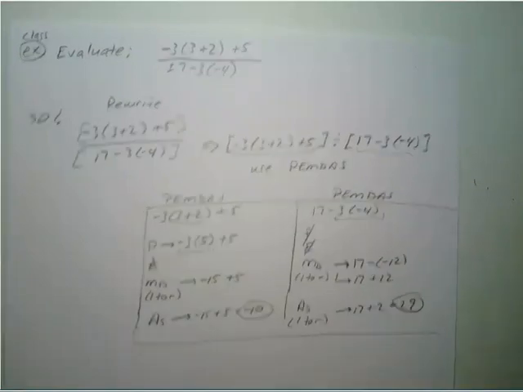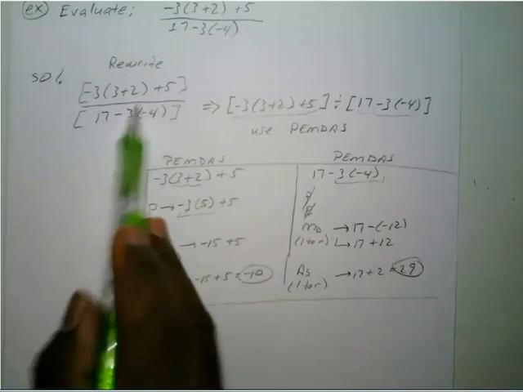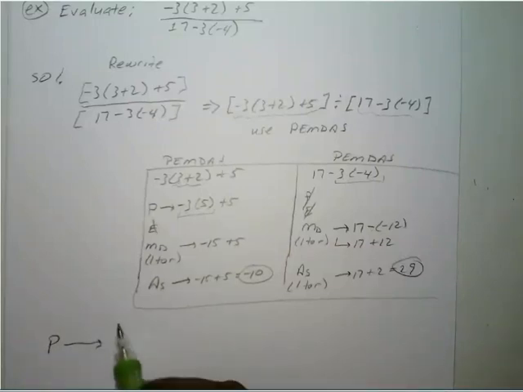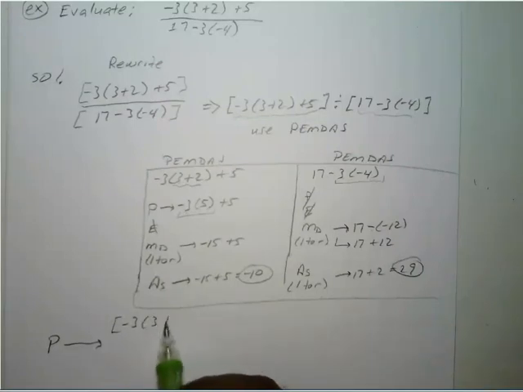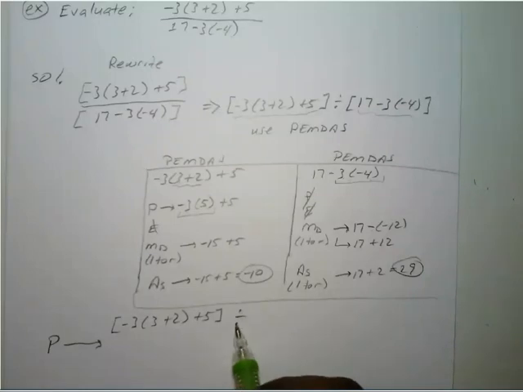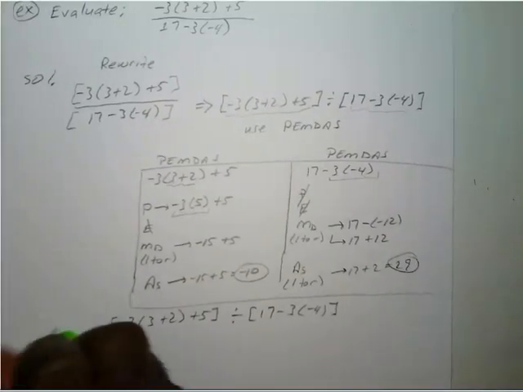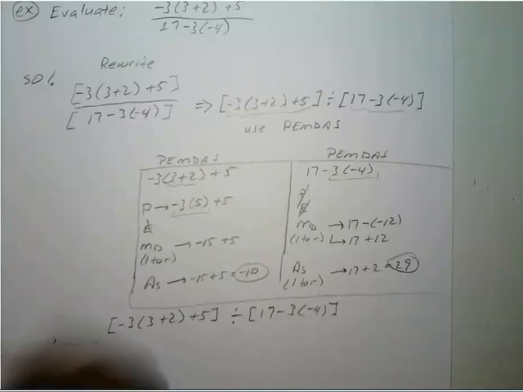Okay. So, for our rewrite, our grouping symbols, remember this is negative 3 times 3 plus 2 plus 5 divided by 17 minus 3 times negative 4.